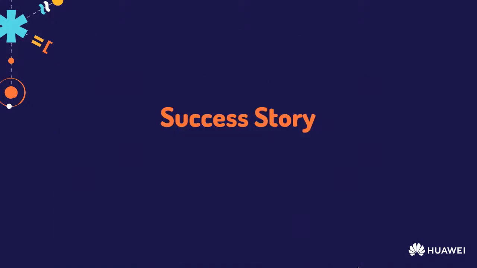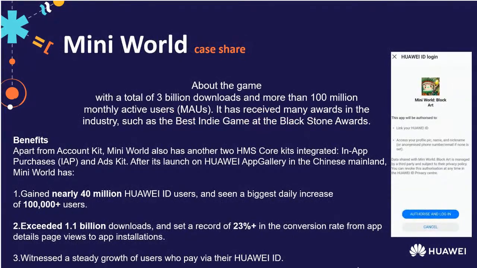Now let us talk about some of the success stories that we have with our CPs. The first success story is with a game called Mini World. Mini World has in total 3 billion downloads and more than 100 million monthly active users. It has received many awards, one of them called the Blackstone Awards.